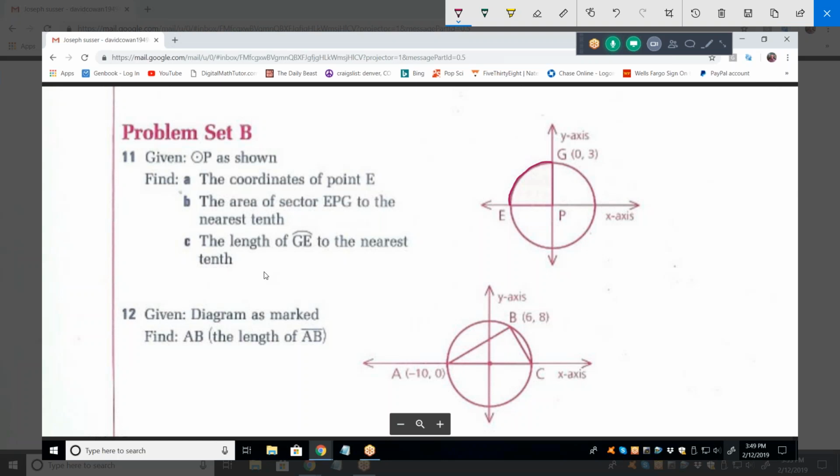AB is like the hypotenuse of the triangle. No, actually not. Think of it in different terms. What's that a quarter of? The circumference of that circle. What's the circumference of the circle equal to?